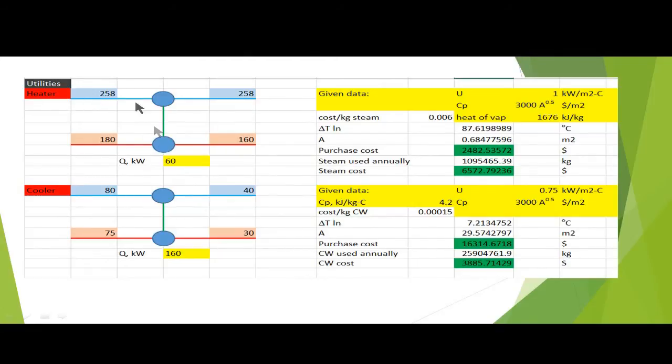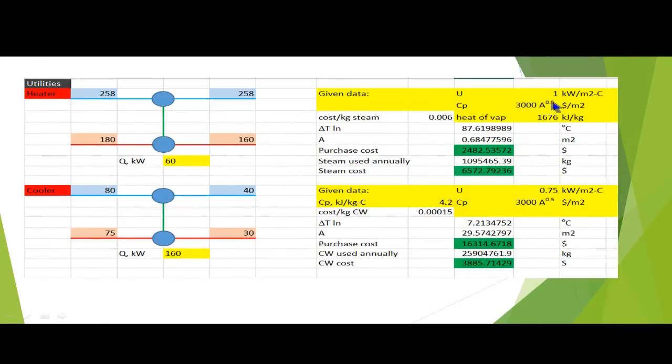In the utilities, we set the steam at 258 degrees Celsius to heat up the temperature from 160 to 180 under the heat load of 60 kilowatt. And the price of the steam is equal to this number, under the evaporation heat or latent heat of 1676 kJ per kilogram.